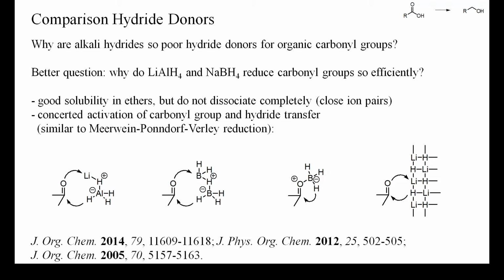Such an ambident reactivity may not be possible on the surface of an undissolved ionic hydride, because in solids each metal cation is surrounded by several hydride ions and each hydride by several cations, making the undissolved ionic hydride inherently less reactive than a dissolved monomeric hydride.